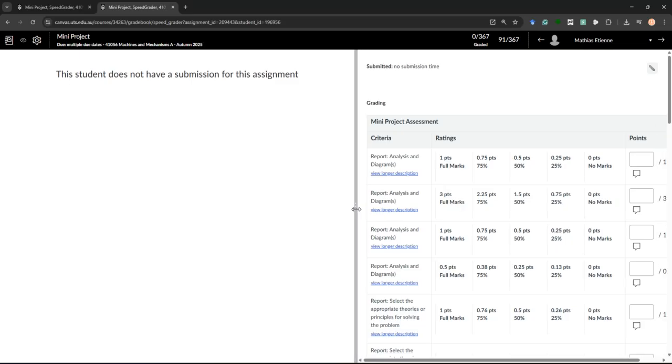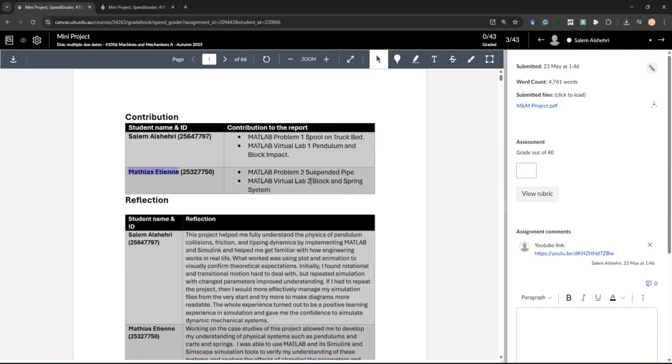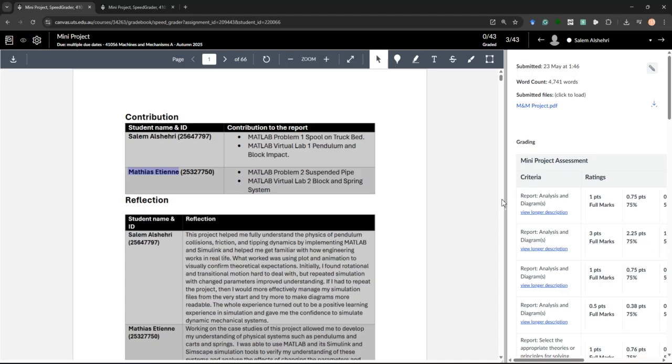What I'm going to look at, and then put the points for each student individually, is the amount and the quality of the work done by each student. For example, Salam did problem one and virtual lab one. So I'll have a look at that, and I will give him the mark accordingly. I can once again use the rubric to give him the grades.